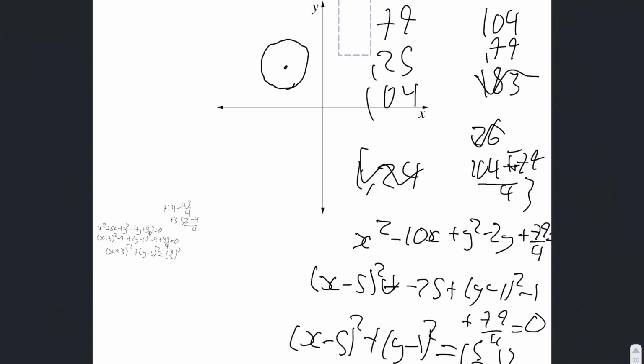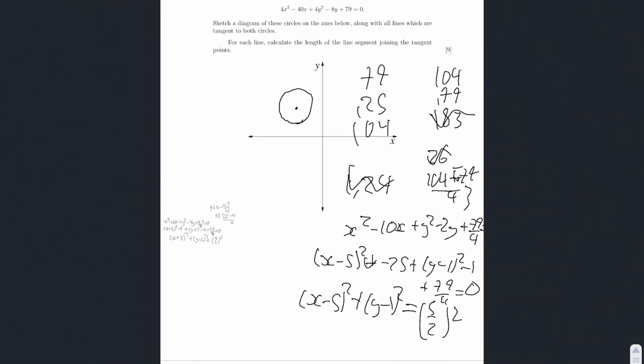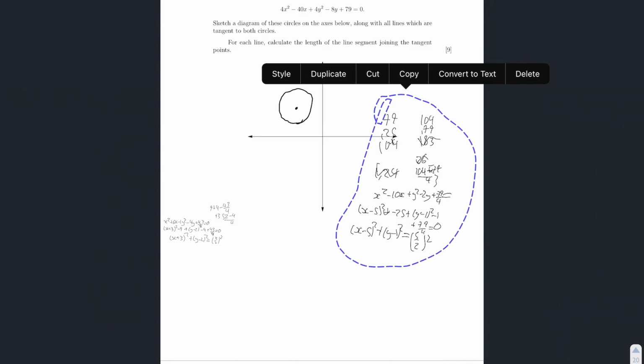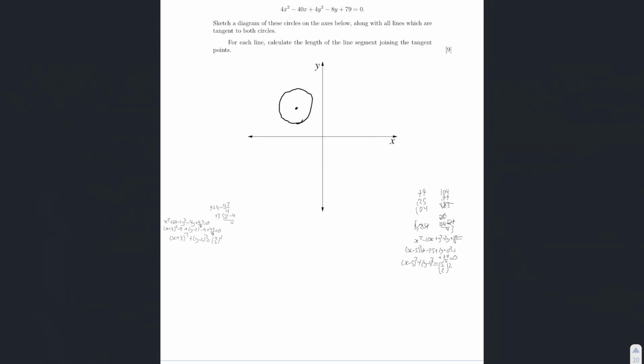So we can now draw this circle. Okay, wait, let me just, okay, so I can now draw this circle.